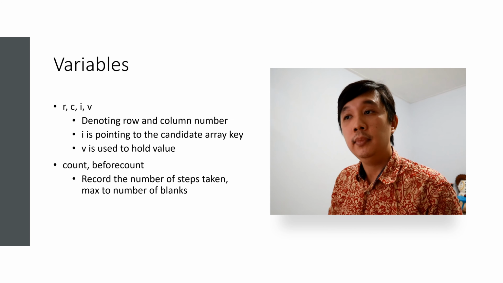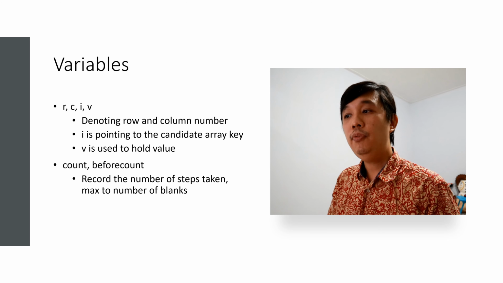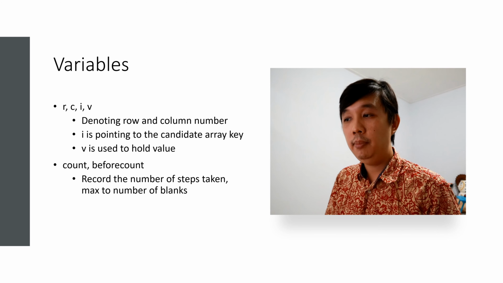While V is used to hold the value. Okay, and now we have count and before count. It's not a very intuitive name, I know, but count records the number of steps taken. For example, if there are 20 blank spots, the count will be 20, and before count is the number of blanks before the algorithm runs.